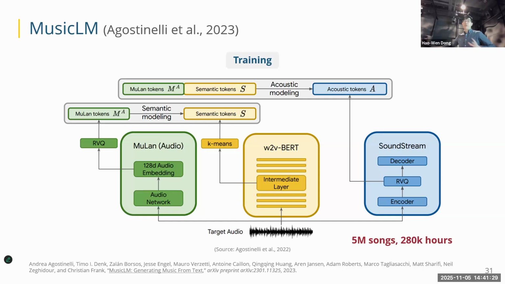So basically, you train your Mulan, that contrastive text music model that knows the correspondence between them, on a smaller data set so that it captures the relationship between language and music. But now you scale it up, where you no longer need text audio pairs, to 5 million songs and 280K hours.